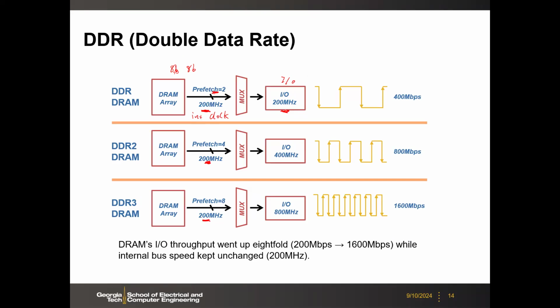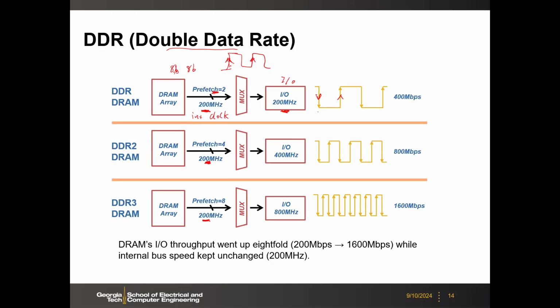Then at the I/O, you are going to have the double data rate, which means you are going to send the data on both the falling and rising edge of the clock. So it's like doubling the data rate, because normally you would only fetch the data internally, at this latch, on the rising edge.